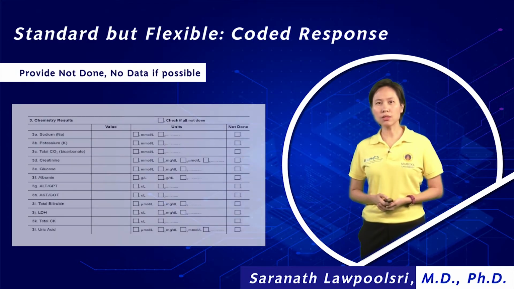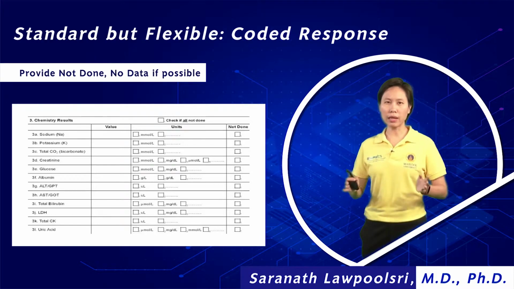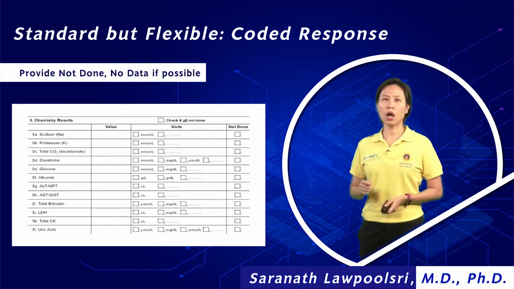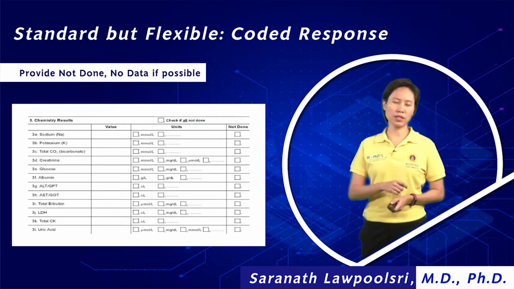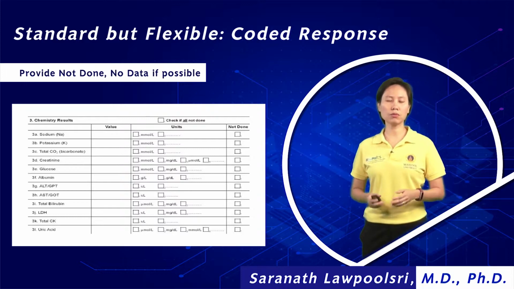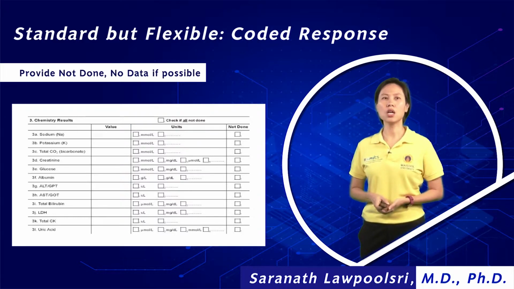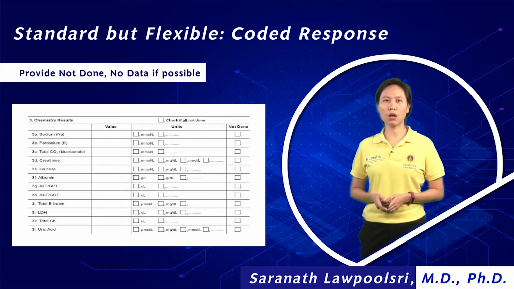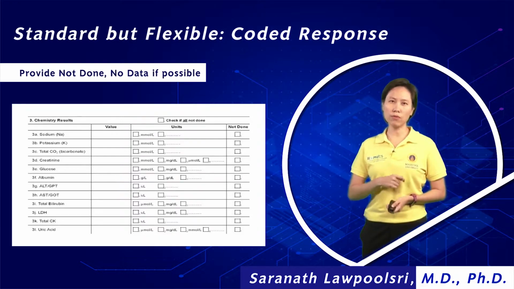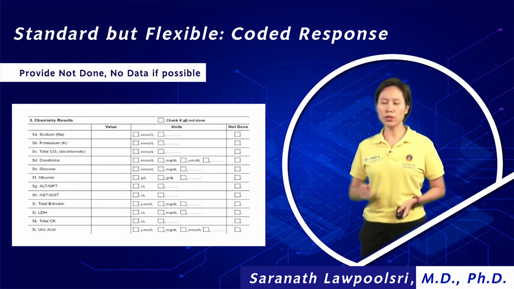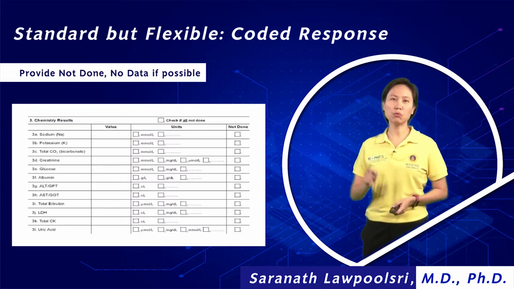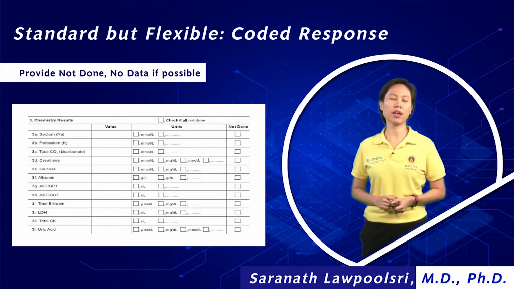Sometimes you create a CRF for chart reviews of medical charts, retrospective data collection. And when we review the medical records, we don't get all of the information written in the medical chart, right?